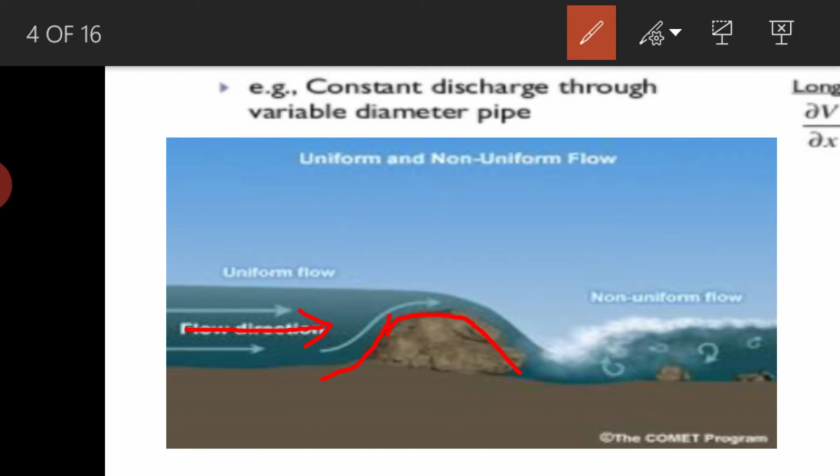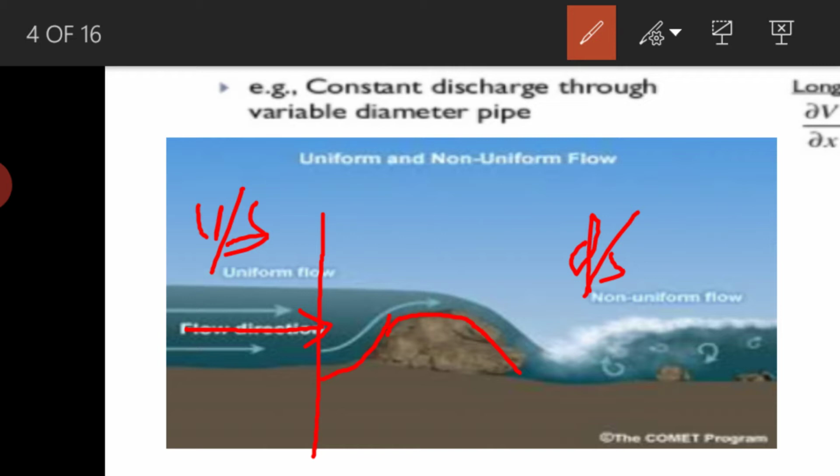This will be the upstream side and this is the downstream side. On the upstream side, before approaching any obstruction, the flow was uniform, meaning the depth of flow remains constant.